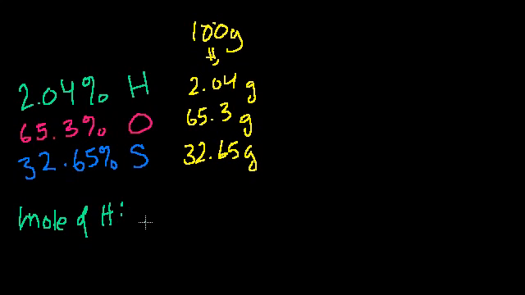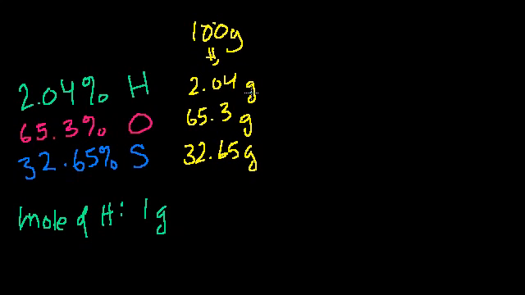If you have a mole of them, you have 6.02 times 10 to the 23 hydrogens. Then you take hydrogen's atomic mass number in atomic mass units, and it'll be that many grams of hydrogen.